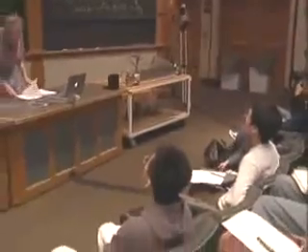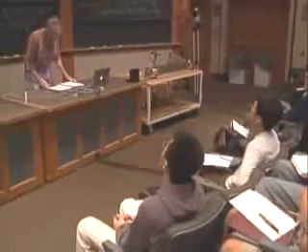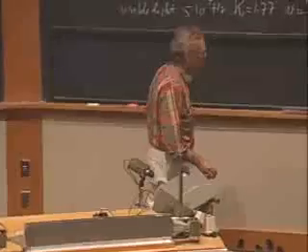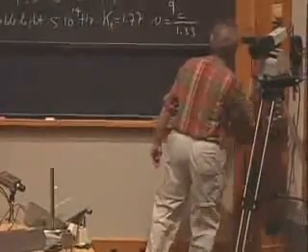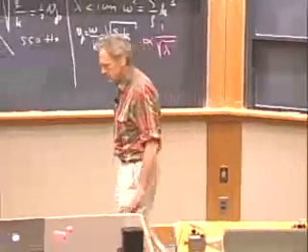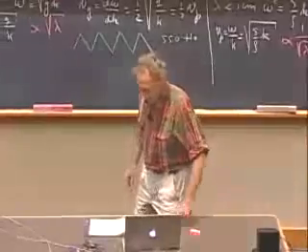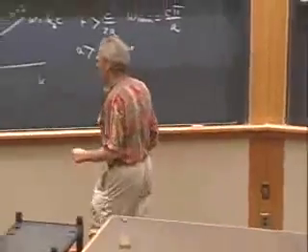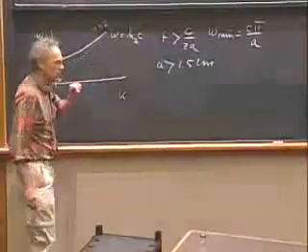Now, there is one more thing that is important, and that has to do with your sleepless nights. Because you know I'm very concerned about you getting enough sleep. Look at that dispersion relation. Look at this curve.